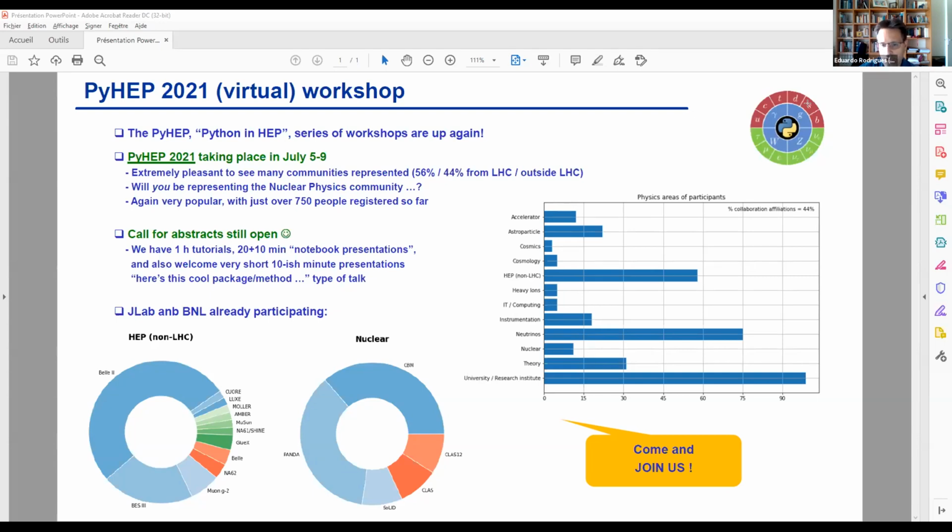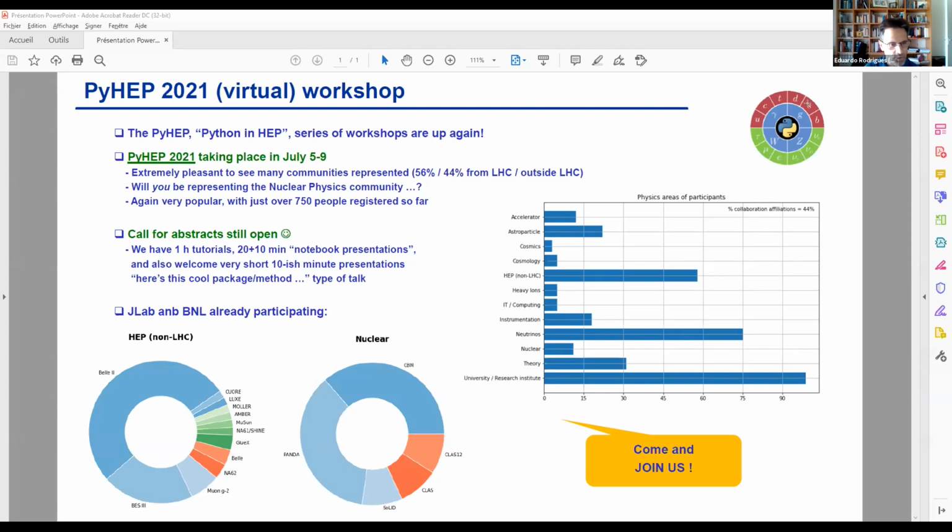Communities such as neutrinos or research institutes are very well represented again this year. In fact, neutrino is new, so I'm coming to you to present this, because the workshop, being about Python in general for analysis, with the whole ecosystem that has evolved enormously over the last 2-3 years, might be of interest to many of you, and we certainly would be super happy to see even more people from your communities.